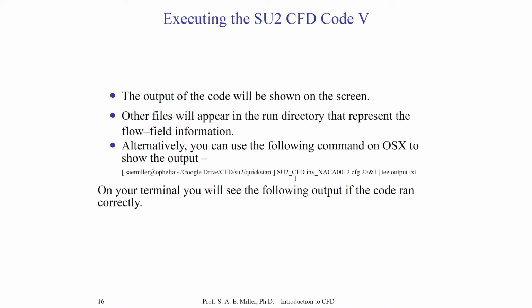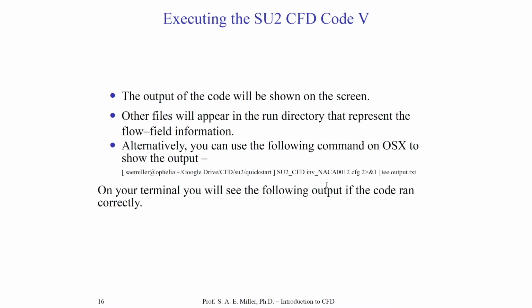Of course, we'll have SU2_CFD space configuration file. Hit enter, it'll run. Alternatively, if you're like me and you want to send the output to the screen and a file, the file I send the output to from the screen is called output.txt. It's a text file too. I can read it with a text editor on Windows or Linux, etc. The command will be 2 bracket and 1 space and space tee space output.txt.